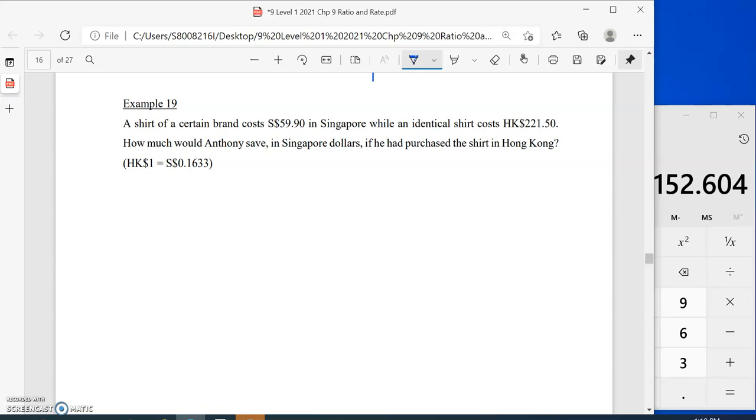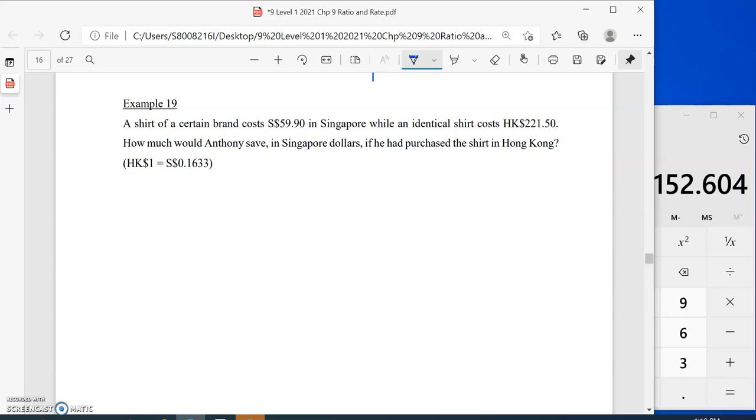How much would Anthony save in Singapore dollars if he had purchased the shirt in Hong Kong?